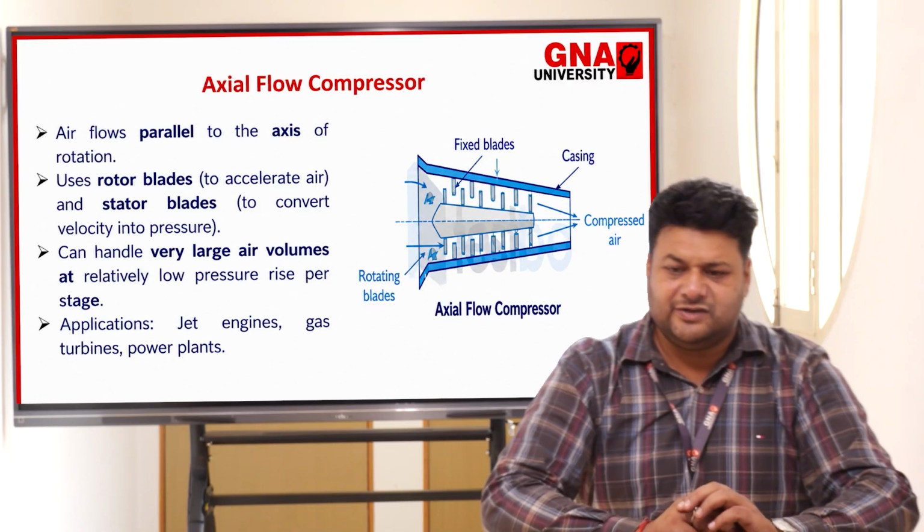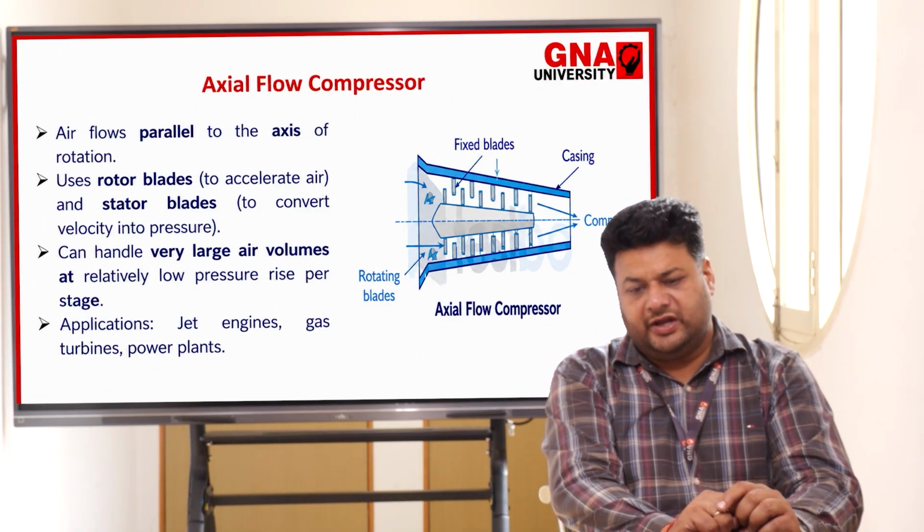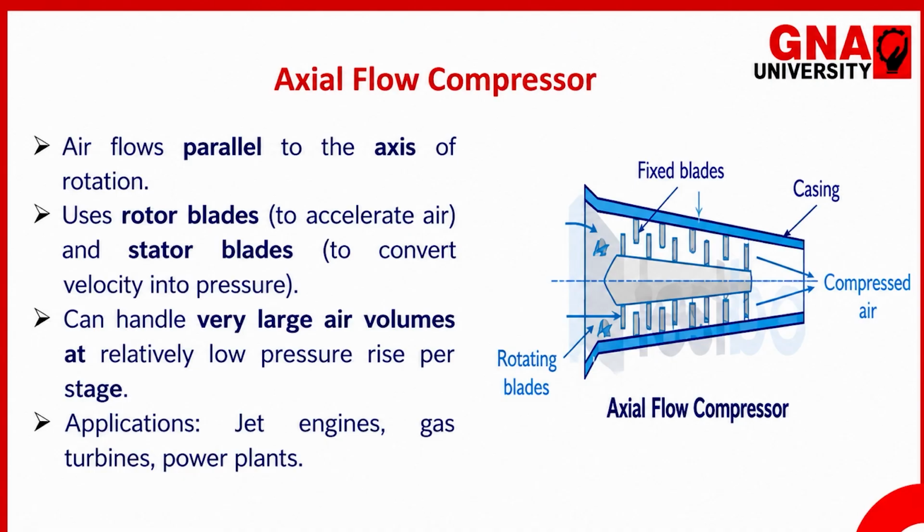Next is the axial flow compressor. Air flows parallel to the axis of rotation. Firstly, let's understand the construction of this type of compressor. We have this casing, which is a diffuser casing. Then we have a rotor drum.